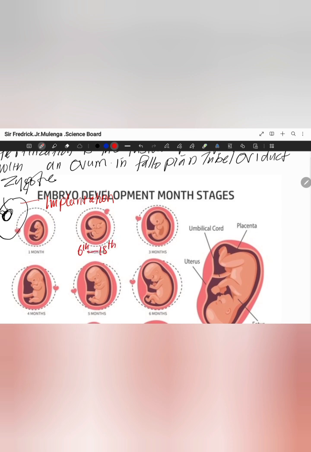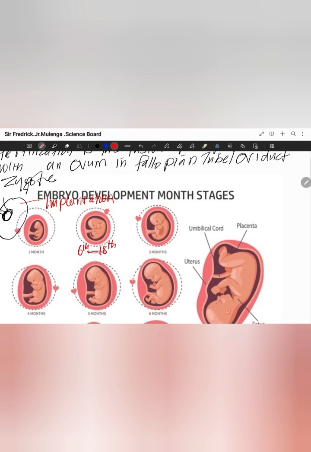So what are you expecting to happen in the development of this embryo? You might see the development of the head, ears, arms, legs, and organs such as the heart, liver, stomach, and kidney. When the embryo reaches this stage, it is no longer called a zygote. It is now called an embryo.